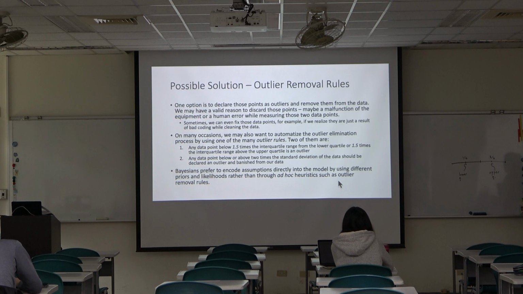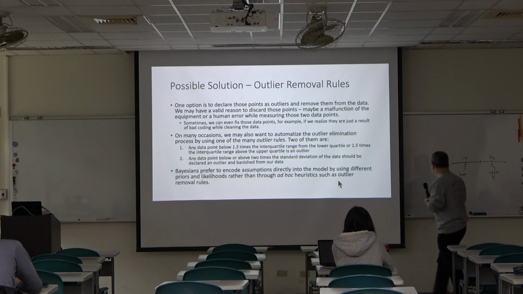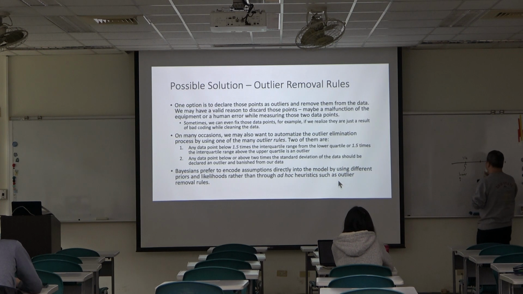The only thing left unanswered is what the interquartile range is. The interquartile range is the size between your lower quartile and upper quartile. This range is called the interquartile range.